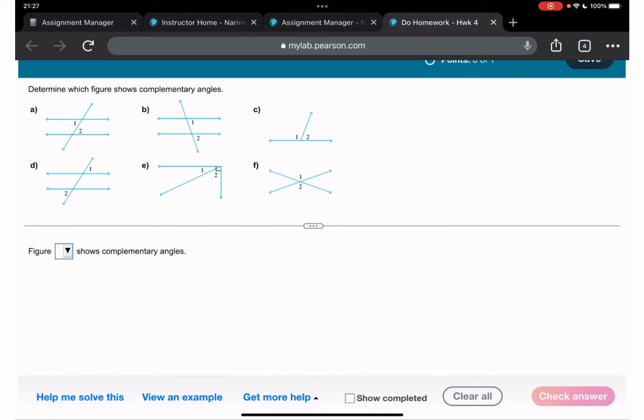So, we need to show complementary angles. First of all, let's find out which ones we call complementary angles. Two angles that make 90 degrees.